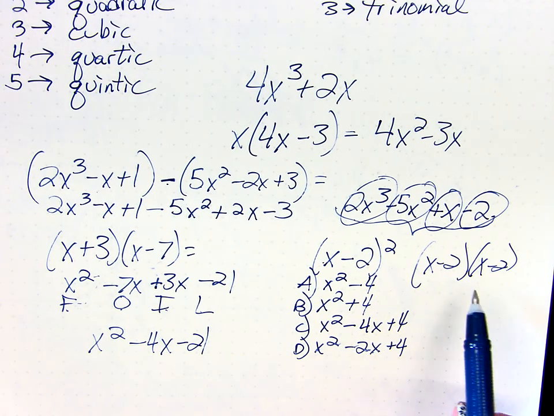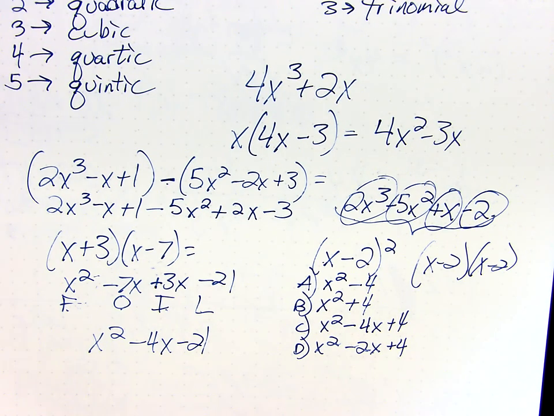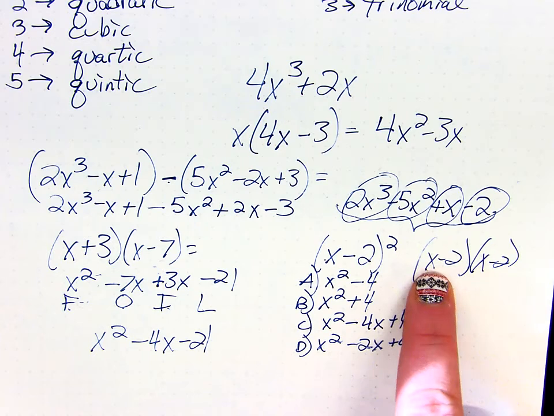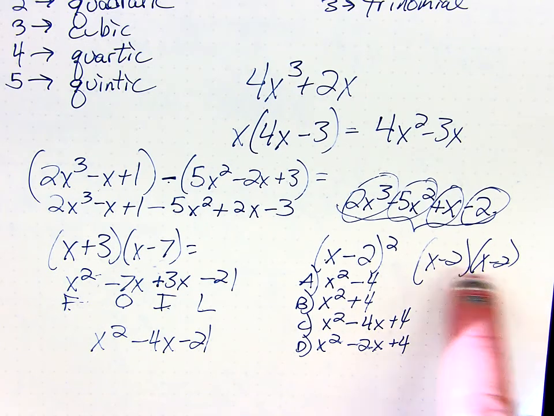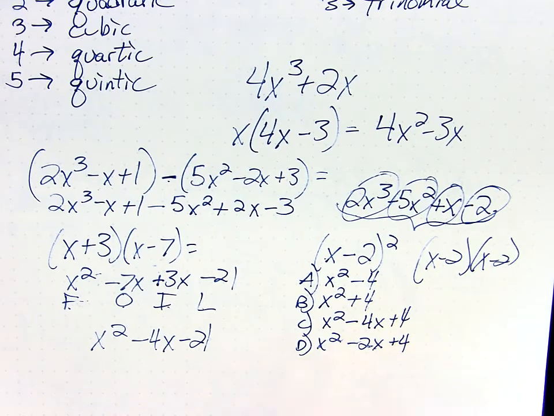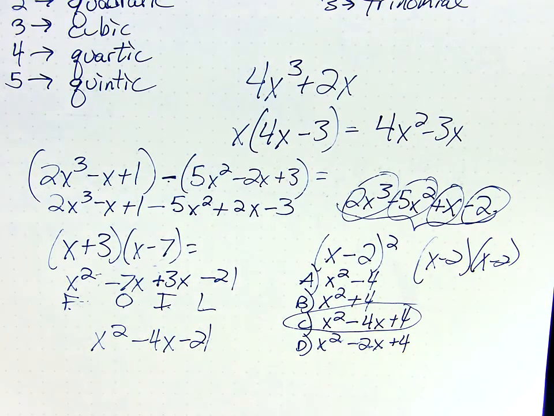It's like a square, right? You're taking that binomial and you have to multiply it by itself 2 times. FOIL. So x squared minus 2x, and then plus a 4. So minus 2x and minus 2x again. That's how I end up at C for my right answer. So you have to FOIL that.